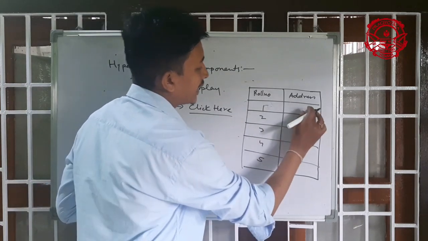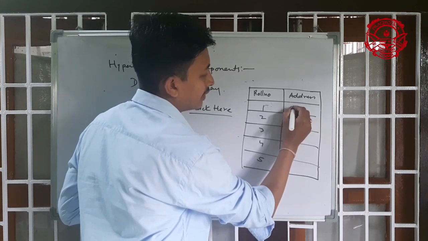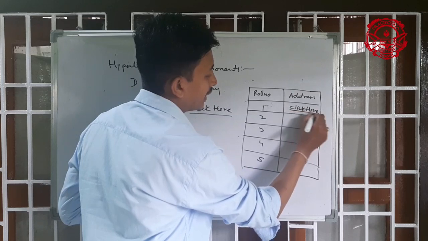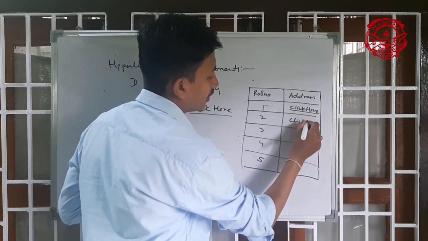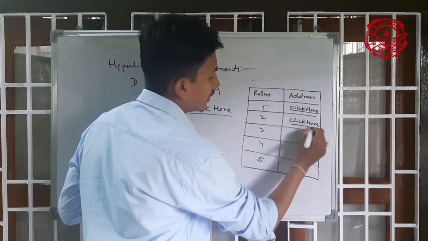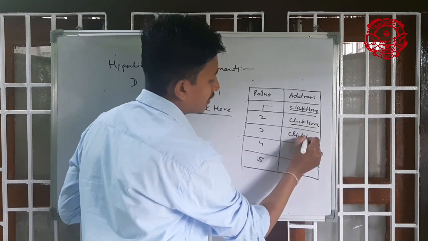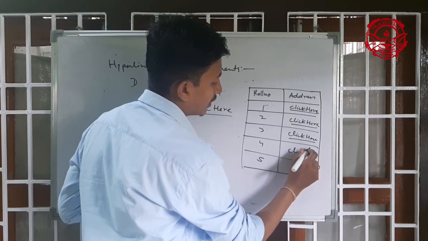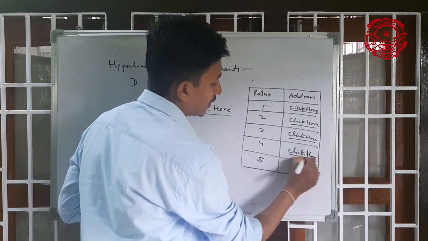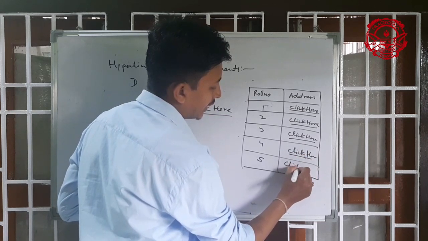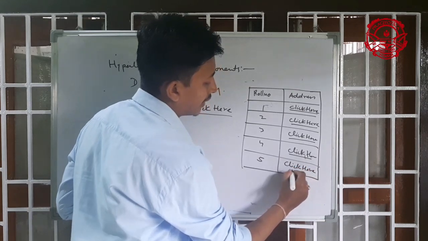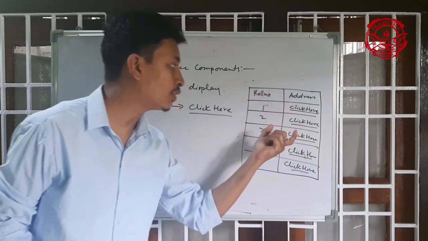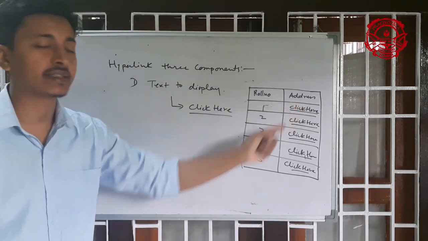Now in the address column there is a link, click here, in each row. If you want to see the address, you have to click on this text.